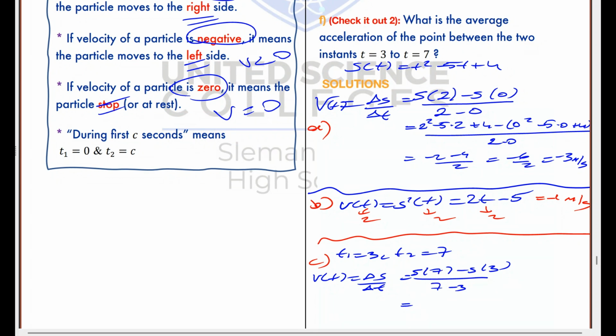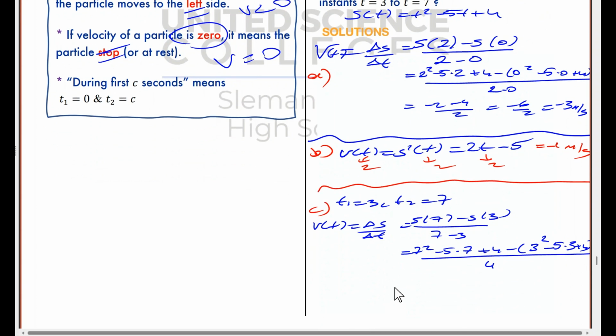Substituting 7 for t will give us 7 squared minus 5 times 7 plus 4, minus, replace your t's with 3, it becomes 3 squared minus 5 times 3 plus 4, all over 7 minus 3, which is 4. So let's calculate that part, calculate that part, subtract from each other. We will get 5. So it is 5 meter per second.